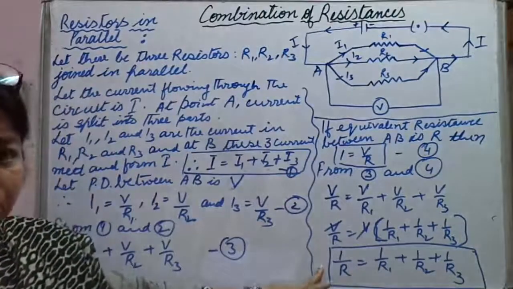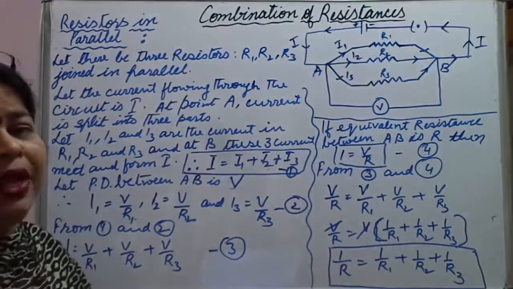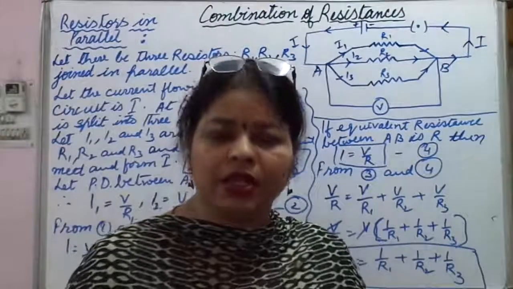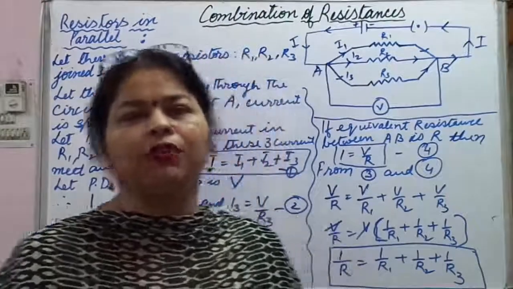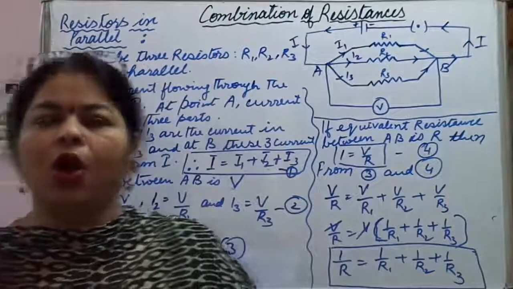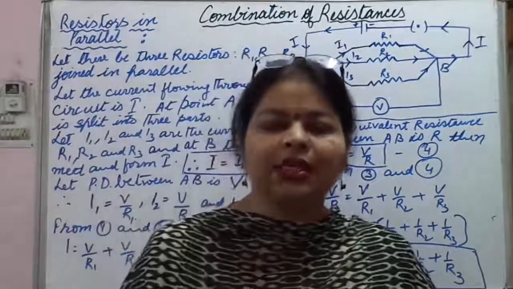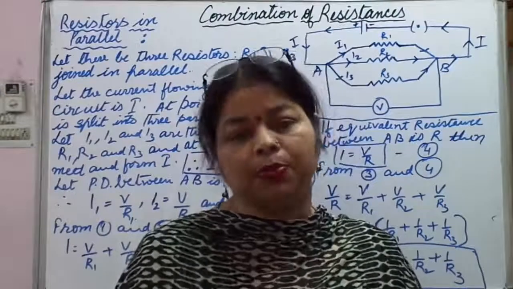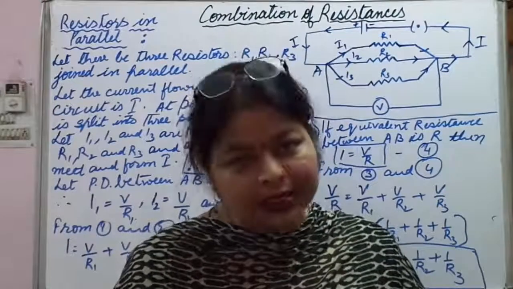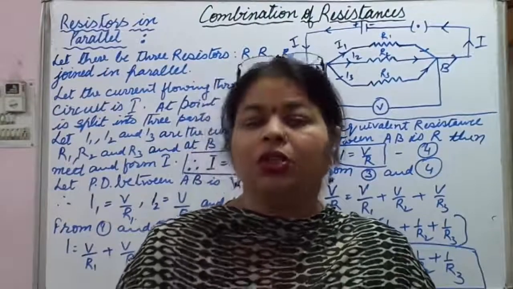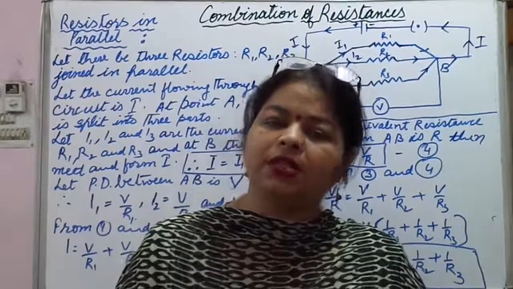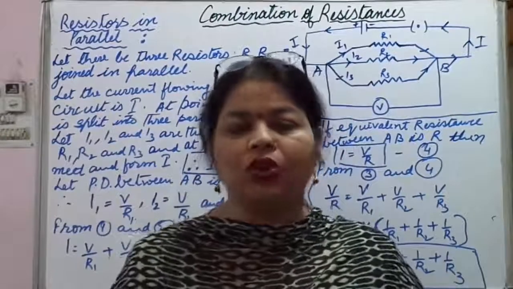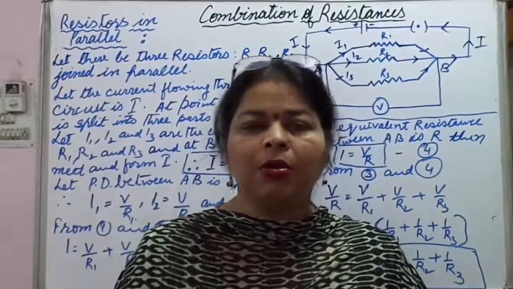The equivalent resistance connected in parallel is less than the value of the smallest of those resistances.